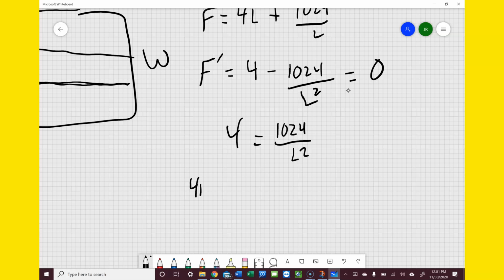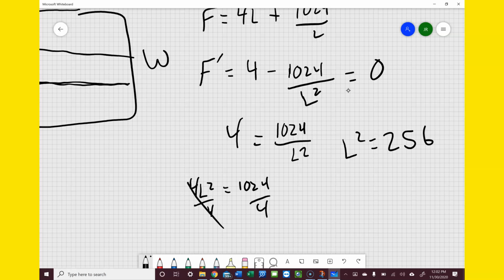So 4L squared equals 1024, which means L squared equals 1024 divided by 4: 4 goes into 10 twice, and then it's an extra 2 to go into 22 and so on, so 256. Square root both sides, and L will equal the square root of 256, which I believe is 16. So plus or minus 16.